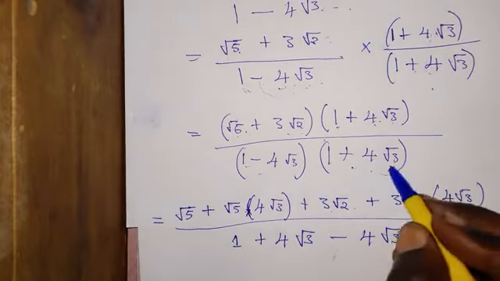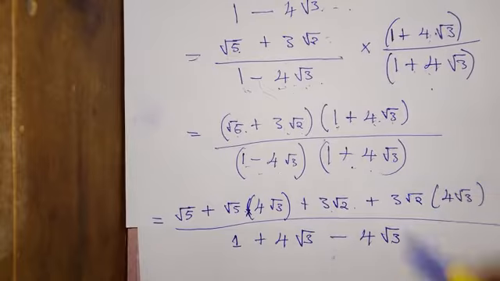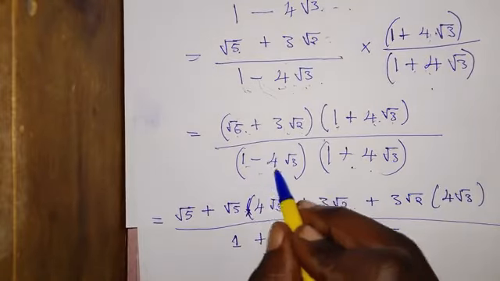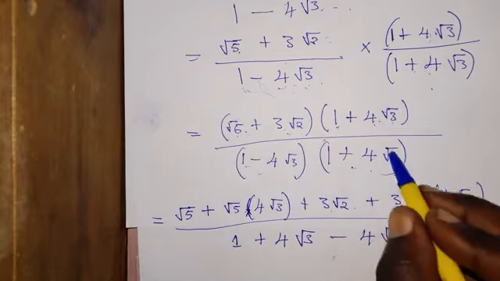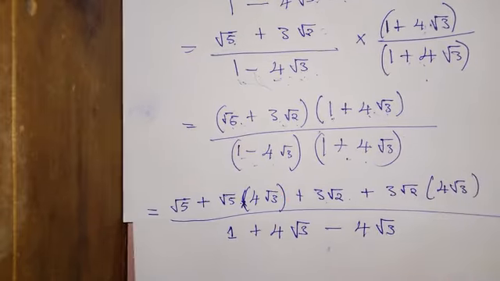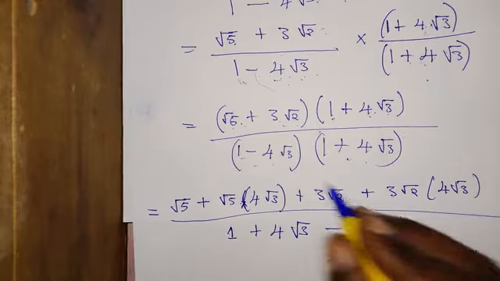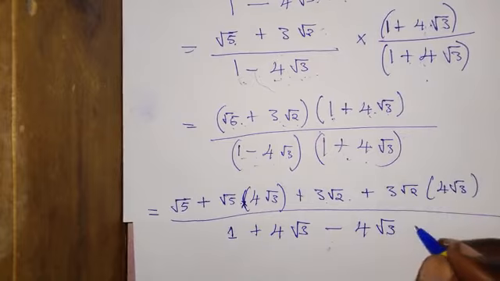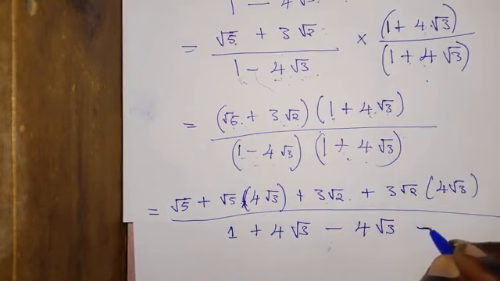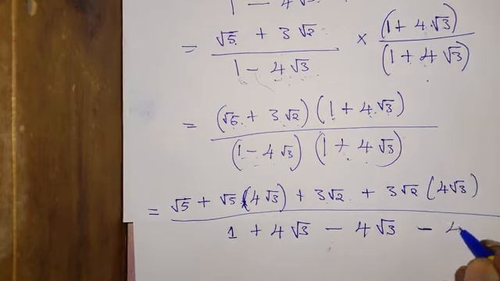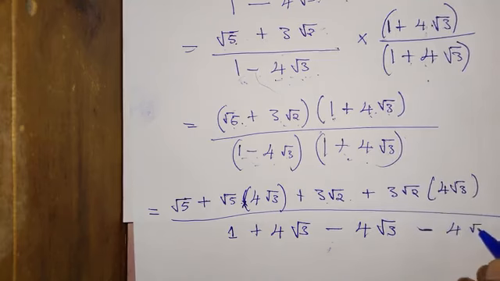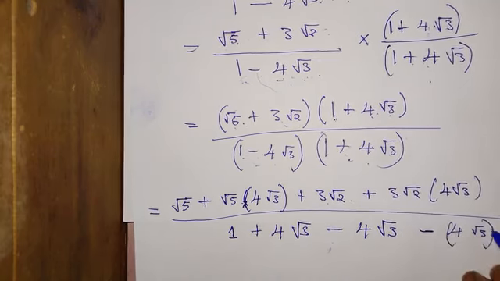And this times that is negative 4 root 3 multiplied by positive 4 root 3. So try by all means to take care of these signs. So this times that, this is negative of (4 root 3) squared.